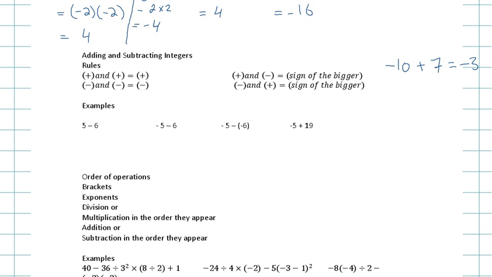Now, what if you're a negative and you're adding another negative? What's going to happen? You're adding, so it's going to stay a negative. Because think about it this way. You owe me $10, and now you also owe me an extra $5.